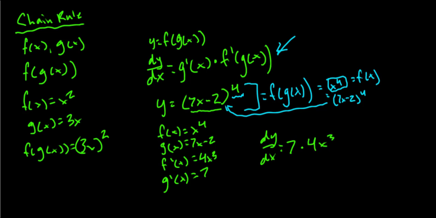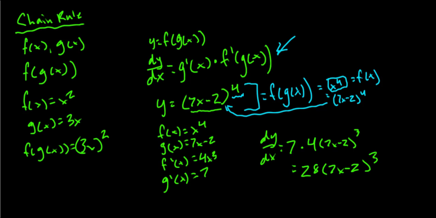And now, since it's f prime of g of x, we want to plug in g of x anywhere there's an x in our function, right? So that's what we're going to do here. Let me just erase some of this now. So instead of x cubed, what we'll have is our function g of x, 7x minus 2, and cube that instead. And now we have found our derivative, and we can just multiply this just to make it look a little nicer. And that's our derivative.